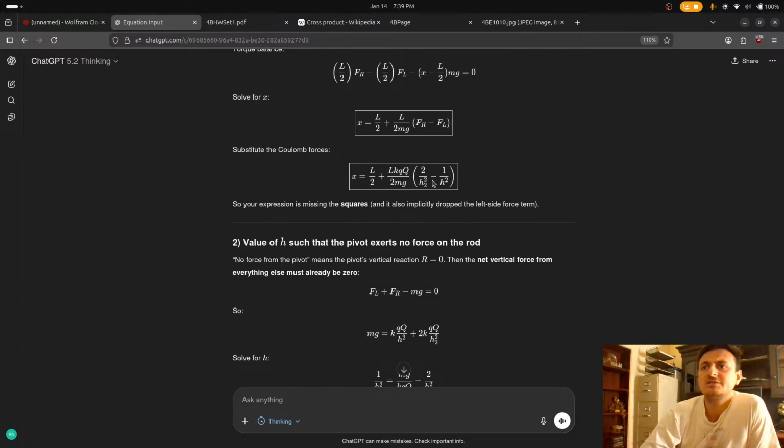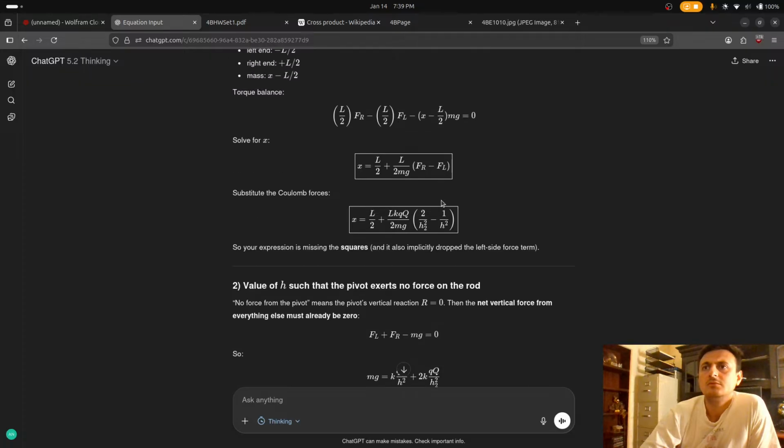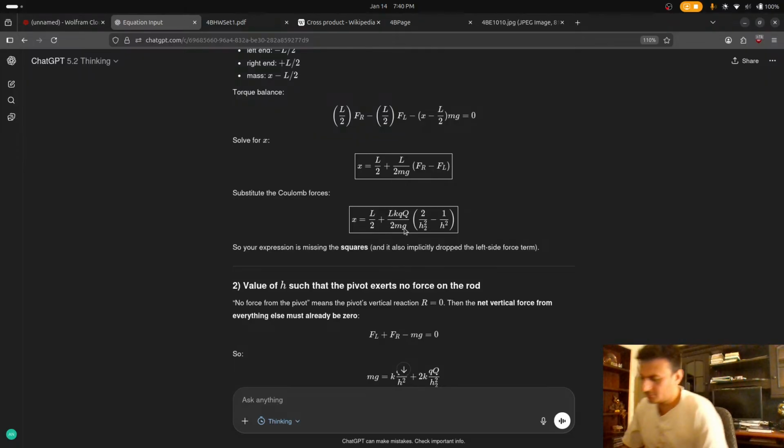Wait, where did I miss squares? Wait, what did I do wrong?